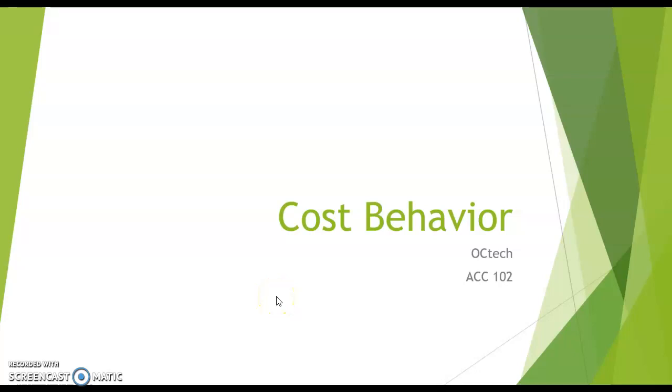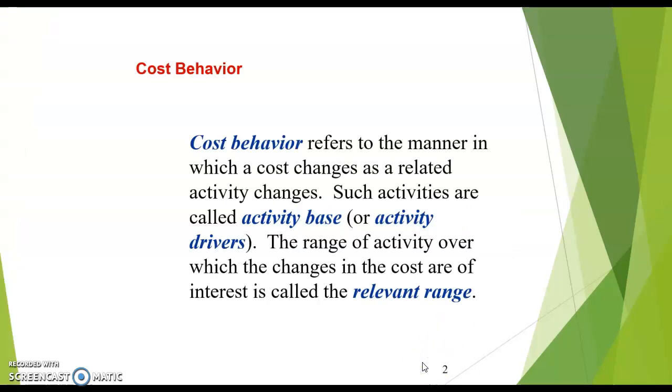Here we're going to talk about cost behavior, and this is chapter 3 in your particular book that we're currently using. Cost behavior refers to how costs behave if some activity changes. If we build more dog houses, how does the cost for lumber change?